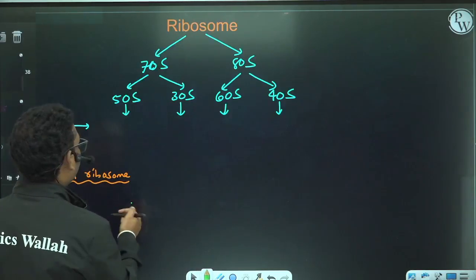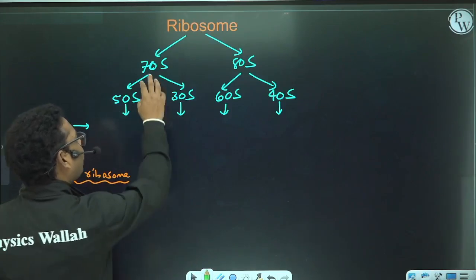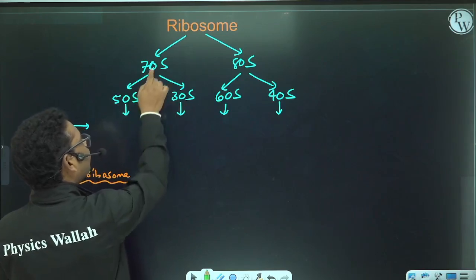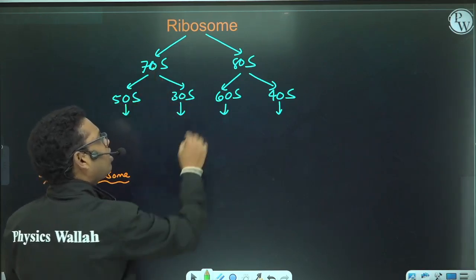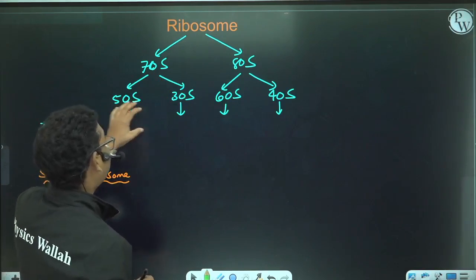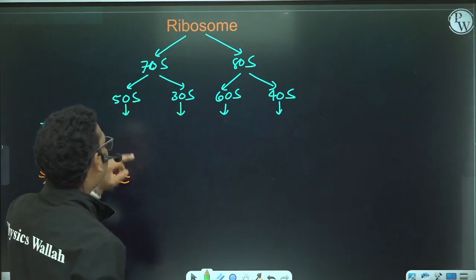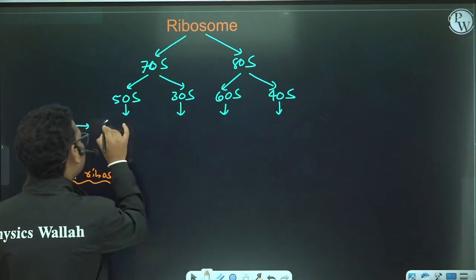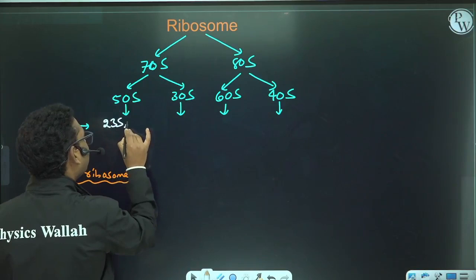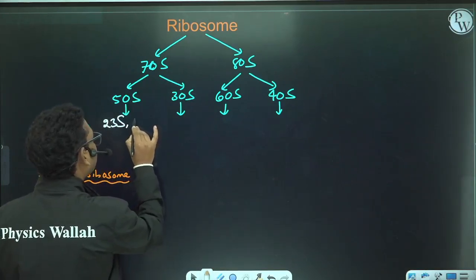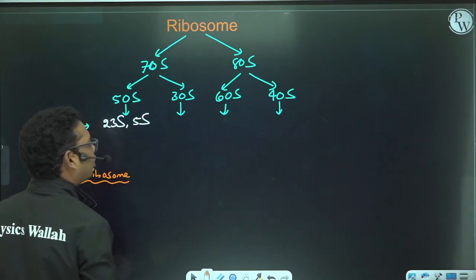When I talk about the ribosome, it can be 70S type or 80S type, and both ribosomes have 2 subunits. 70S has 50S and 30S subunits. 80S has 60S and 40S subunits. What are the rRNAs present in these subunits? In 50S, the rRNA present is 23S rRNA and 5S rRNA.